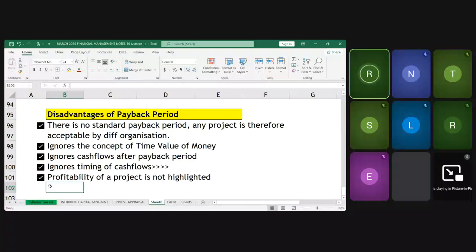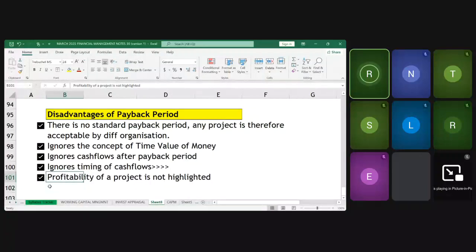Every investor would want to assess the profits at the end of the project life. So with payback, that is not going to be highlighted. That is not going to be included in our assessment.